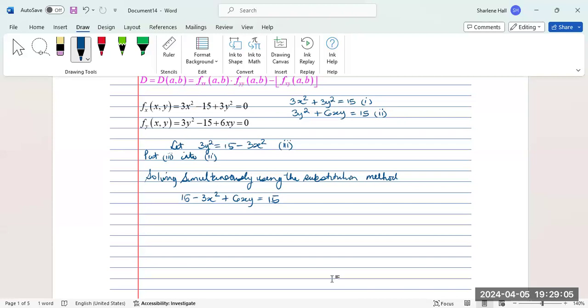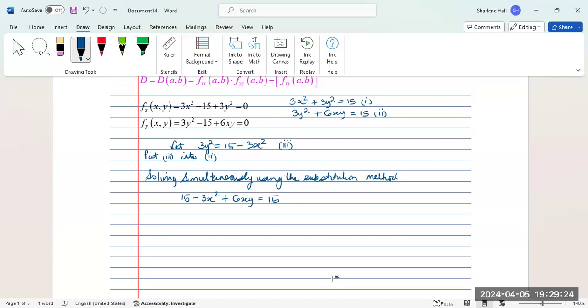Look at what I did. Somehow I find that you guys are distracted. Not all of you, but for the most part. Anyway, see the 3y squared, you must put 15 minus 3x squared, because I'm making 3y squared now the subject of equation 1.